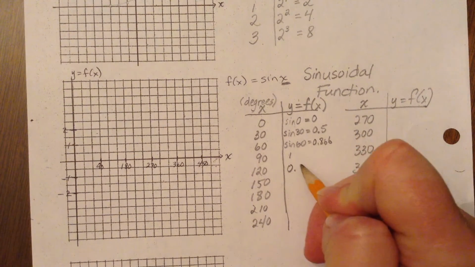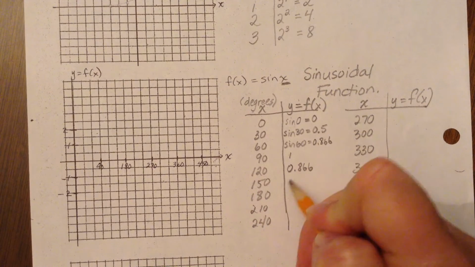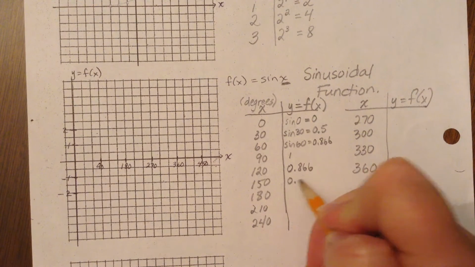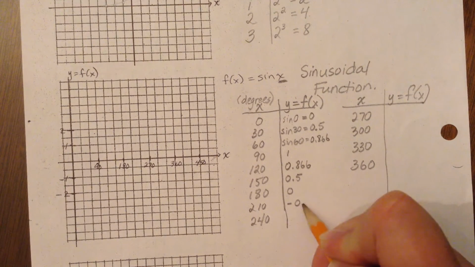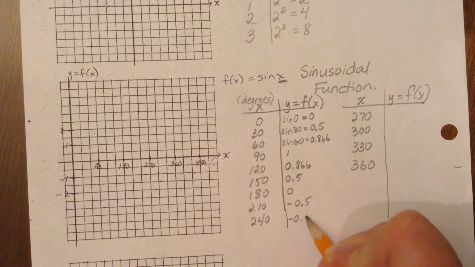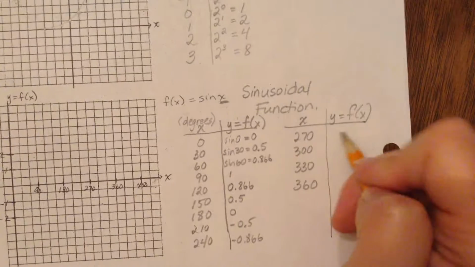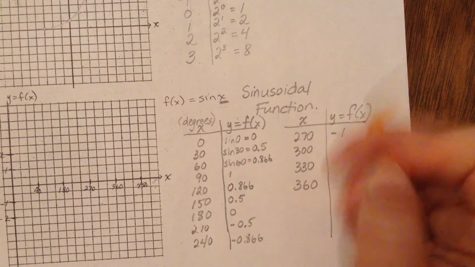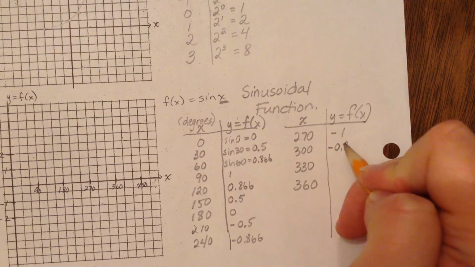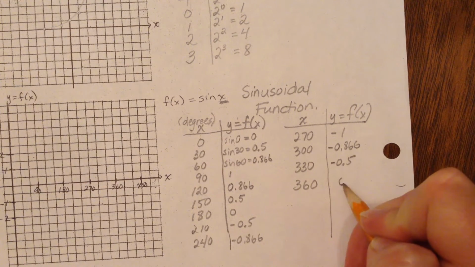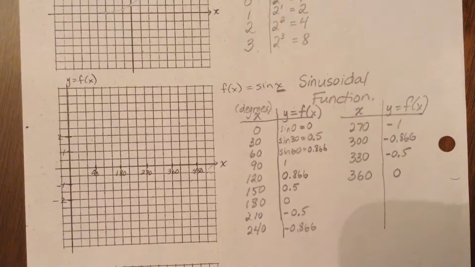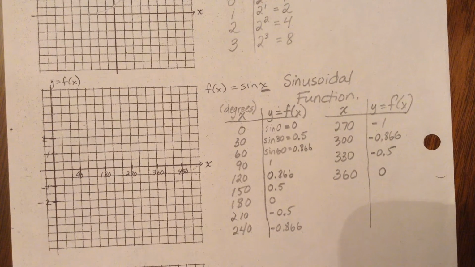I happen to remember it. I'm just going to go on. Here we go. Okay, so there's our table of values.